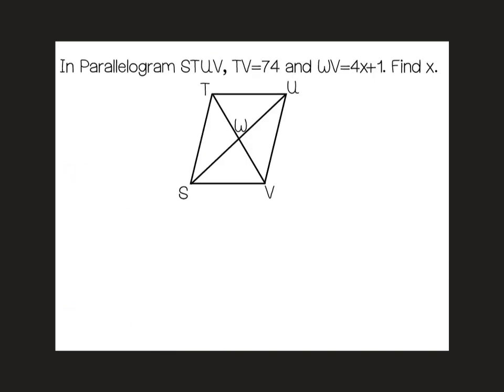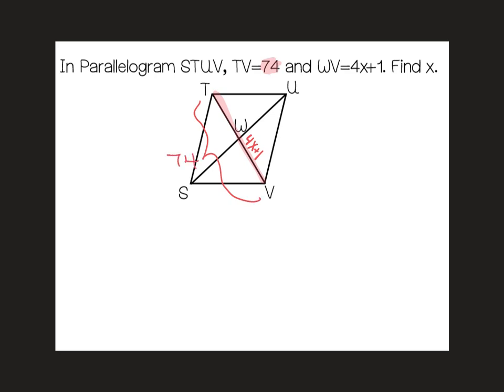Okay, then the next one, in parallelogram STUV, TV is 74, so I'm just going to highlight that. Here's TV, it's a diagonal. It says WV is 4x plus 1. So this is WV. There's two ways you can do this problem. I'm just going to show you one way. So this is 74.